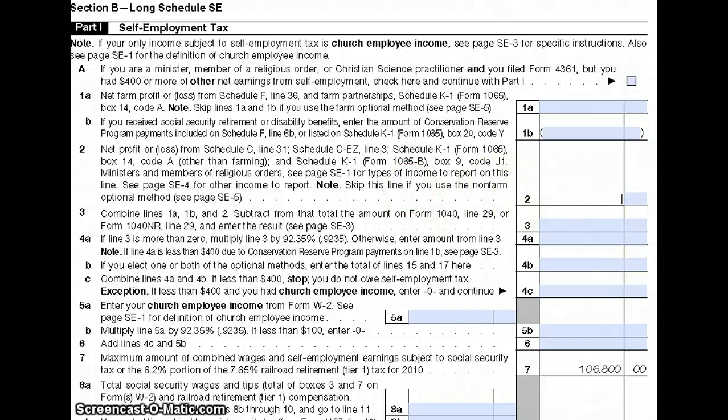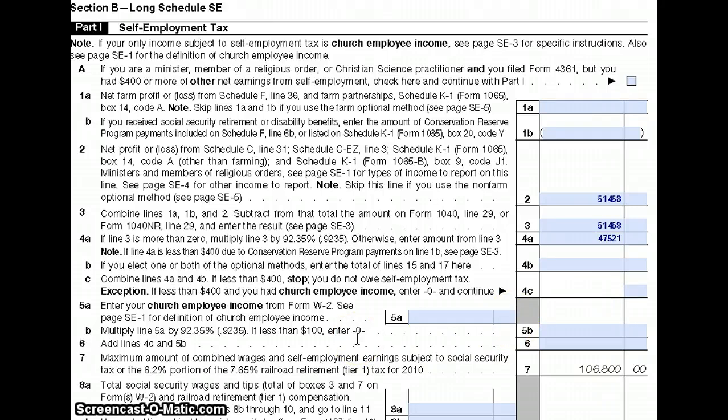So Part 2, our profit from our business, is $51,458, and that carries over to our next line. We do the same thing as last time: we take that times 0.9235, which gives us 47,521. Now here's where it gets a little different.